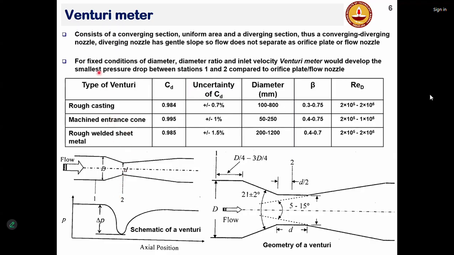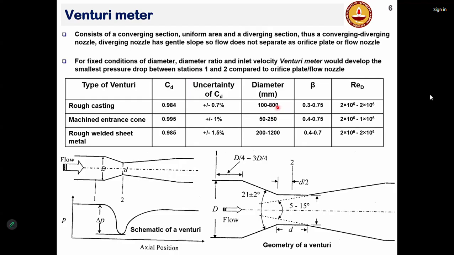Now, if you talk about the venturimeter design, depending on the type of venturimeter, how it is manufactured, the coefficient of discharge slightly varies. Okay, and depending on the method, the uncertainty of the CD is also noted here.